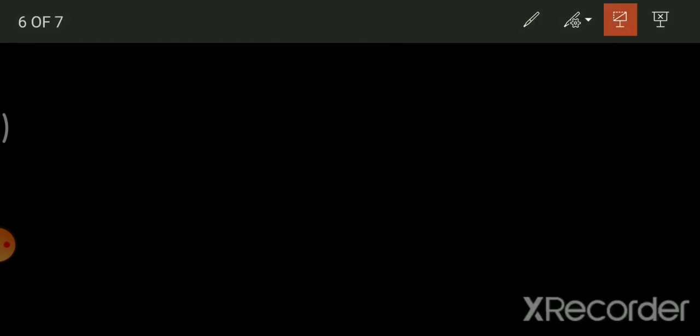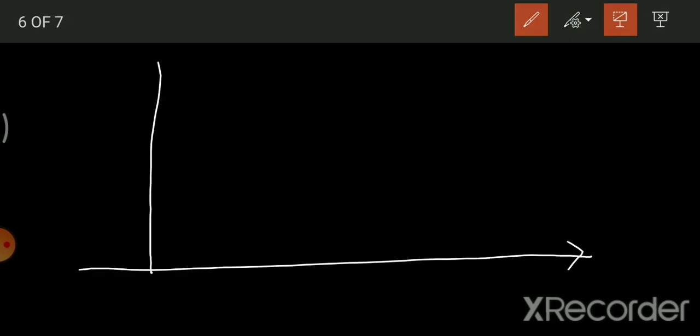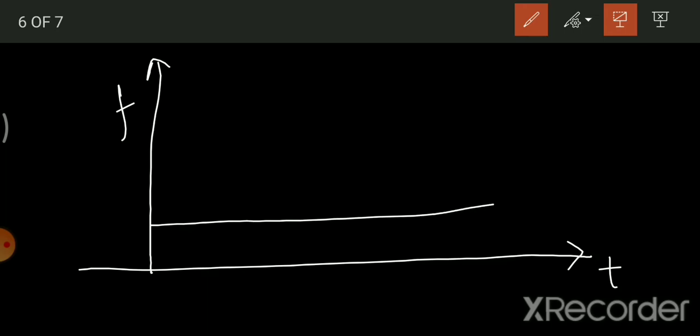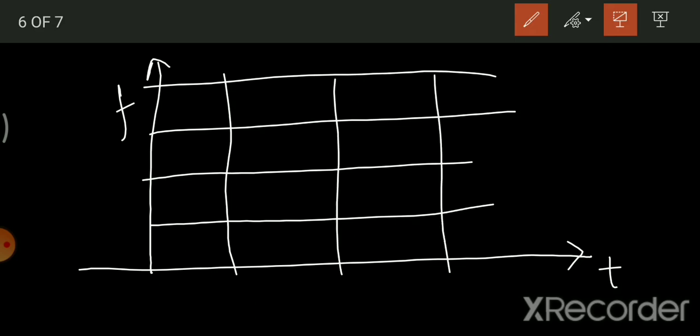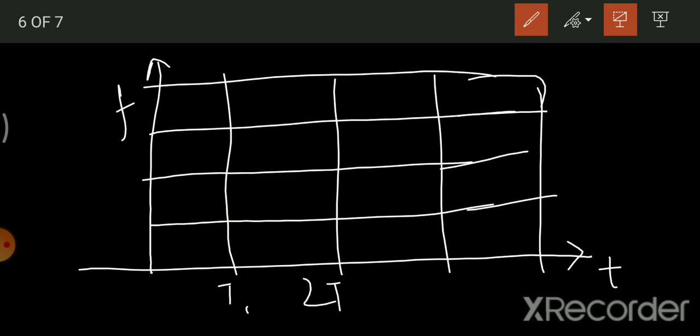Let us say this is time and this is frequency, and these many users you have, and these are the chip intervals: TC, 2 TC, 3 TC, 4 TC, like that.